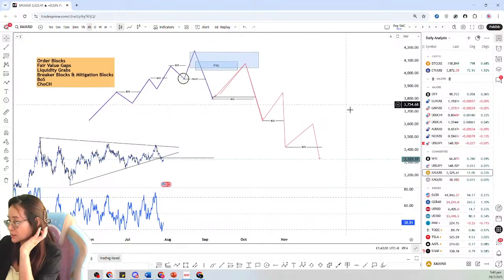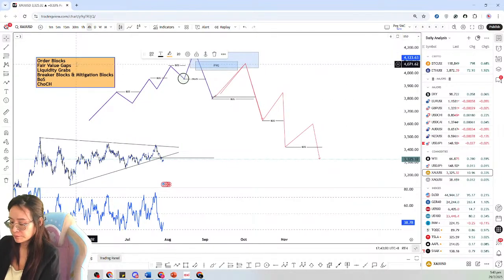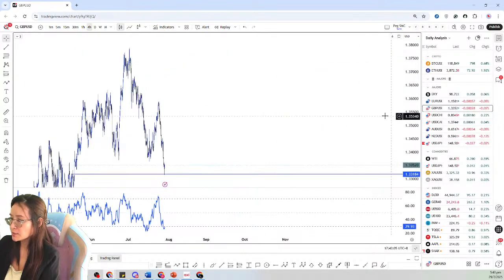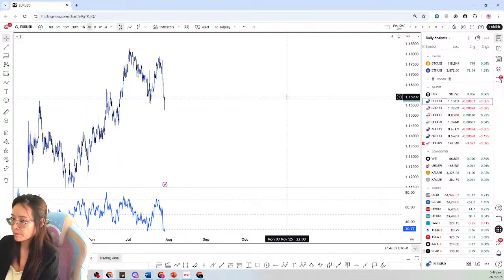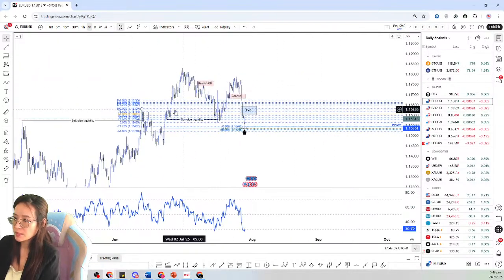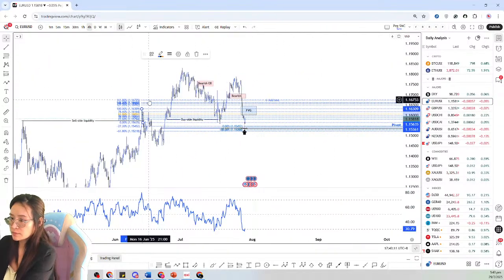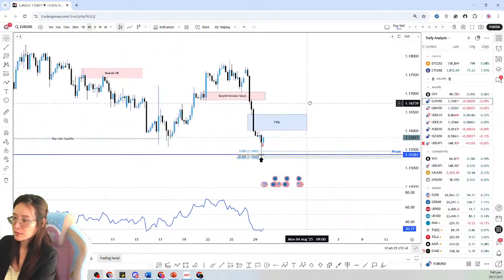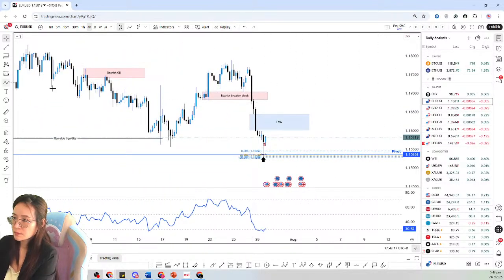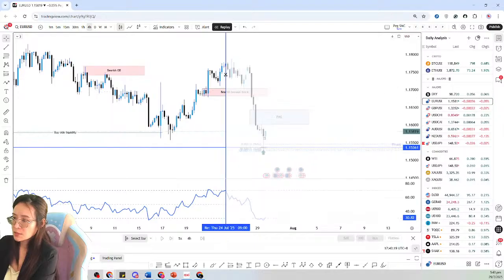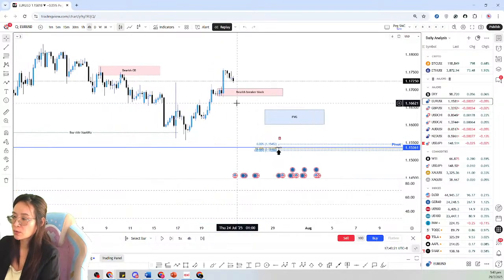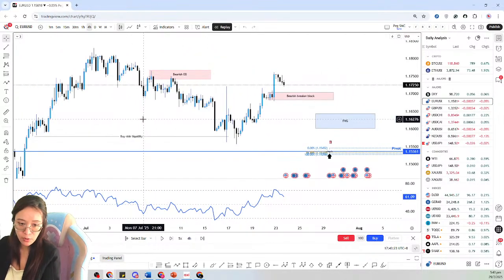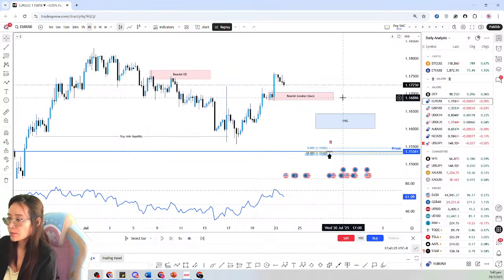Breaker block basically is just the, here I have here. Let me remove this one. Okay, basically they break below either the support or the bullish order block.